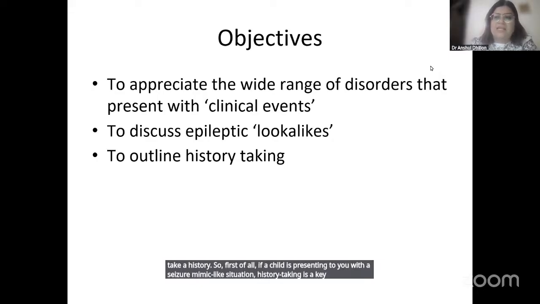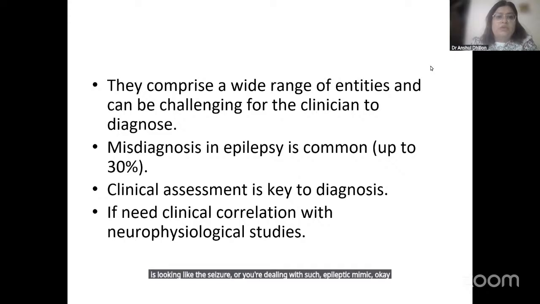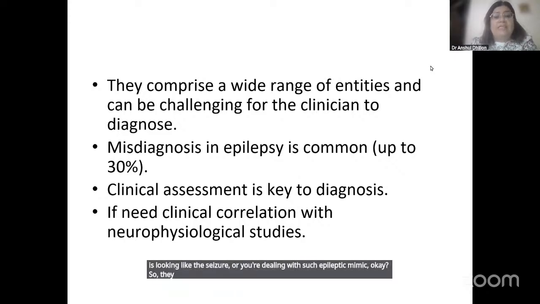Start taking a very good history, and there lie a lot of clues in the history itself, where you can differentiate whether it is a seizure or an epileptic mimic.